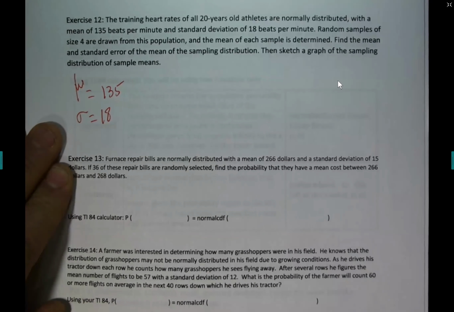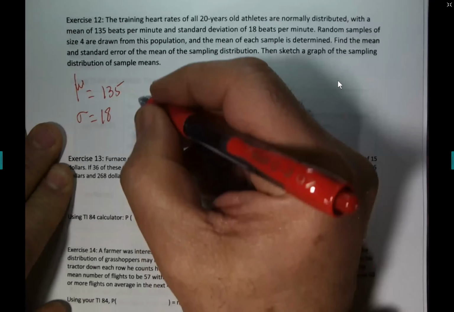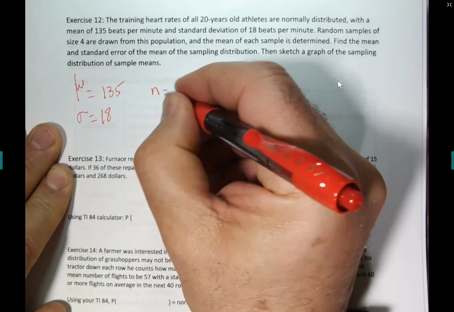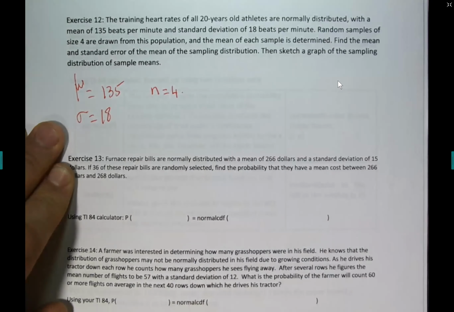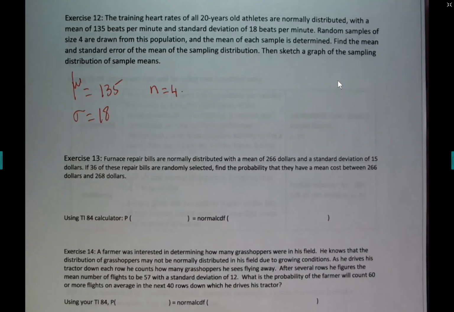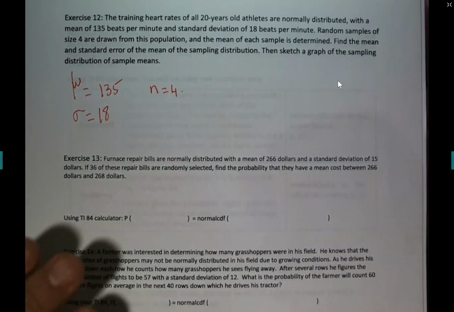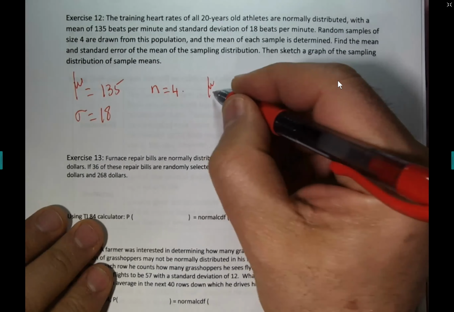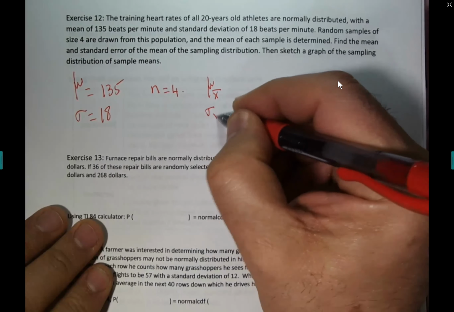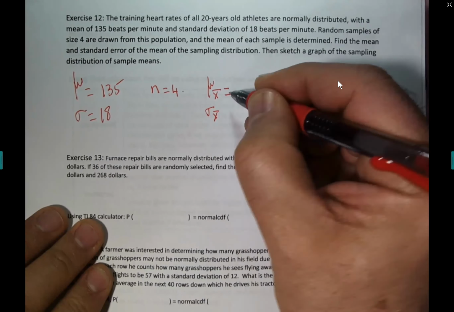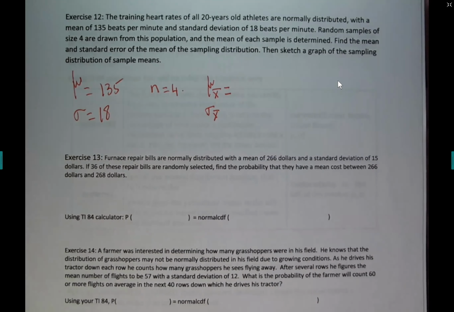Random samples of size 4 are drawn. Once he says size 4, put, guys, n equals 4. And the mean of each sample is determined. Find the mean and the standard error of the mean of the sampling distribution. Okay. We need mean of X bar and sigma of X bar. So who can help me and tell me what the mean of the sample means is going to be?